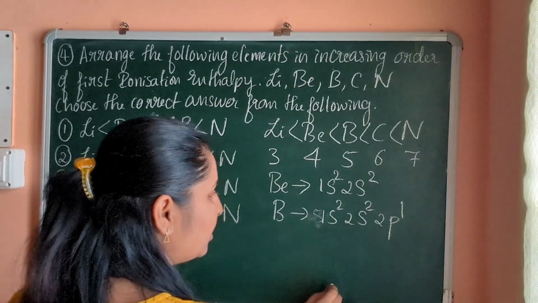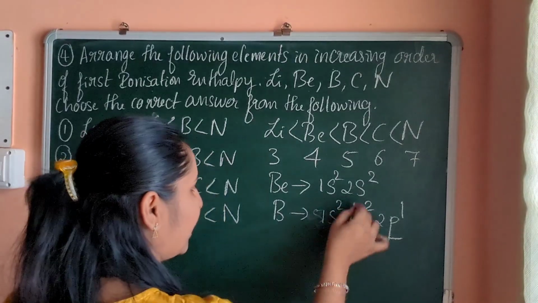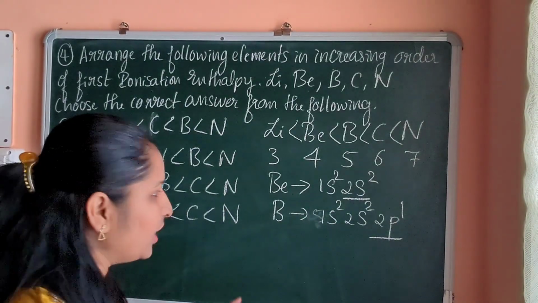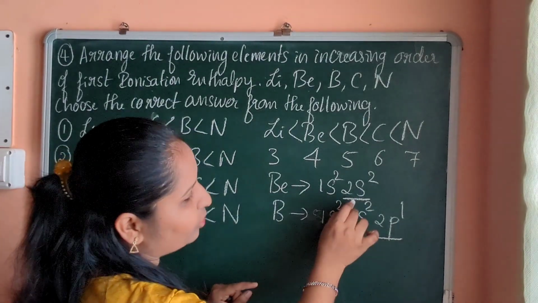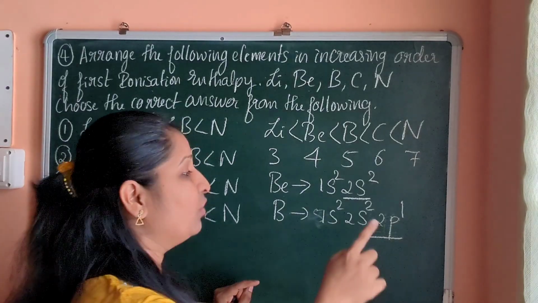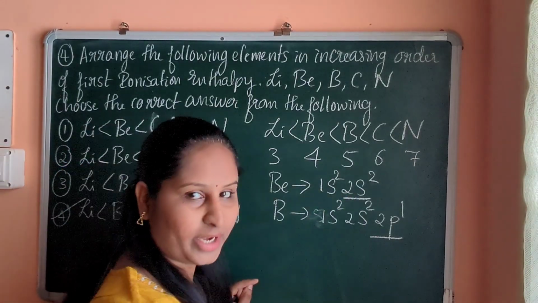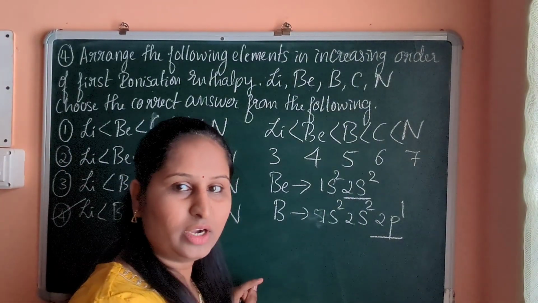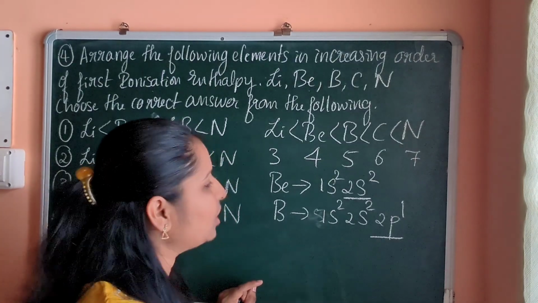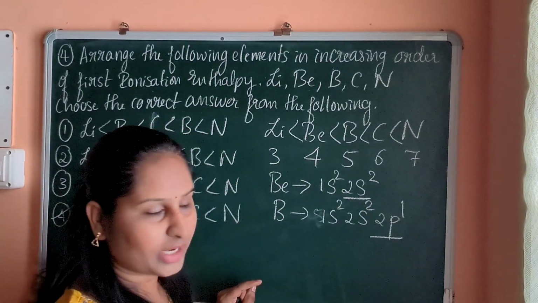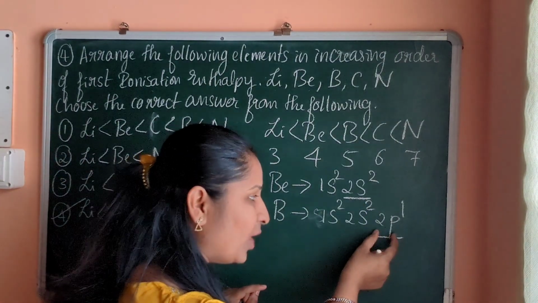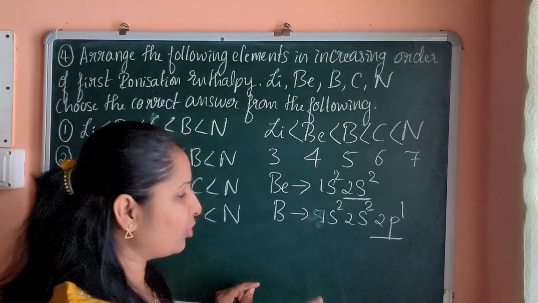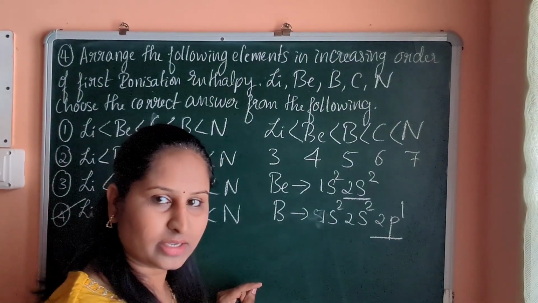If you look at the outermost configuration, in the case of beryllium we have to remove one electron from the fully filled 2s orbital. So it is difficult to remove this electron from the fully filled 2s orbital, compared to removing one electron from the p orbital of boron, which is easier.